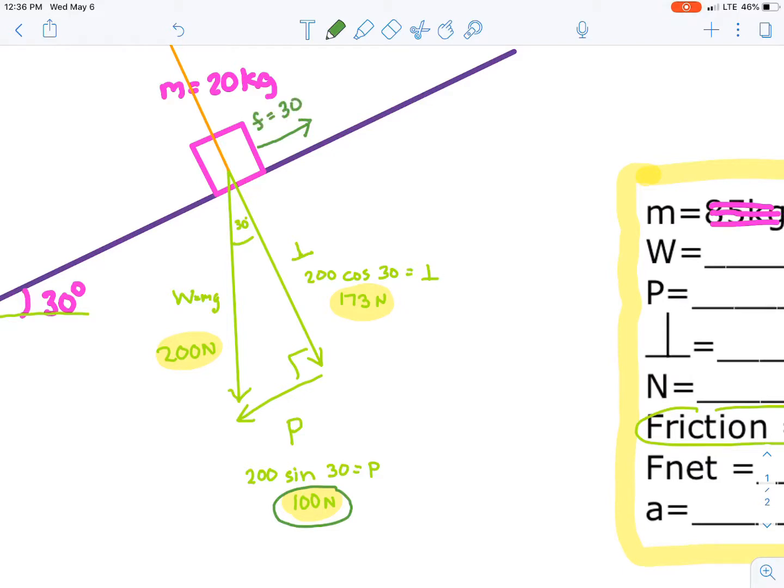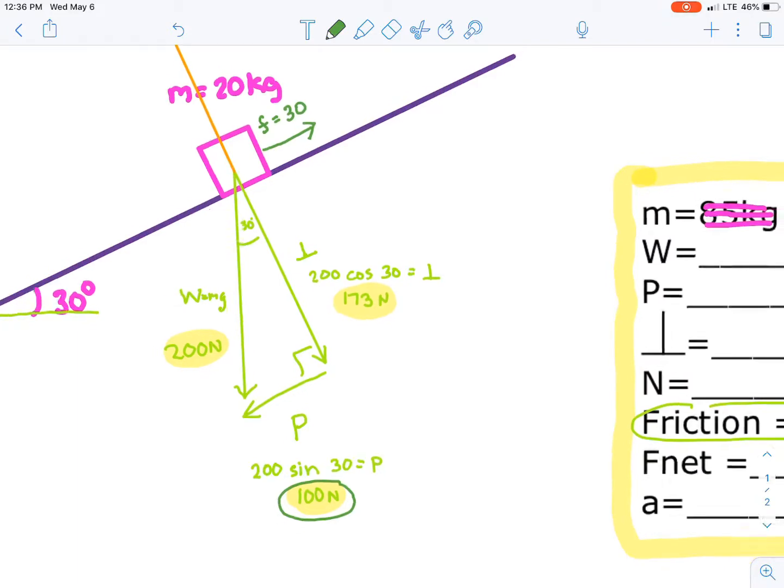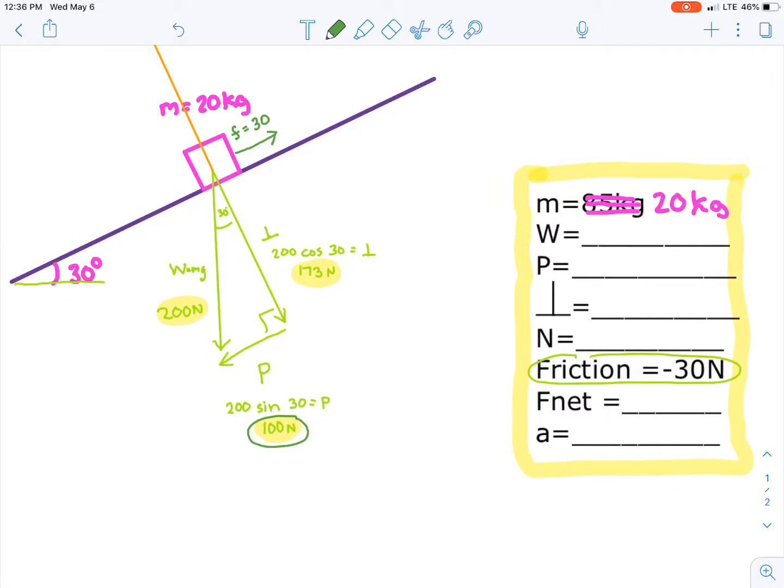Now, I have negative 30 on that paper, but I have an arrow pointing to the right here, and I have the P pointing to the left, so we know they're opposites and to subtract them, okay? So either way, it works out fine. Okay, now, what does that give us? Well, we know, and I didn't say this before, but I already said about the perpendicular and normal. They cancel each other out.